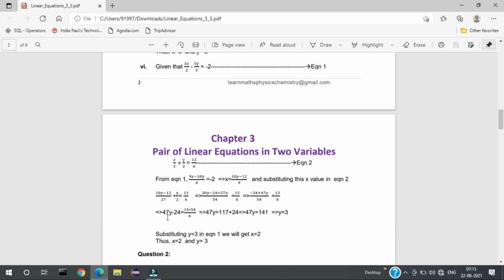So 47y minus 24 equals 13 into 54 by 6. So 47y equals 117 plus 24. That implies 47y equals 141. That implies y equals 3. Substituting y equals 3 in equation 1, we will get x equals 2. Hence, x equals 2 and y equals 3.